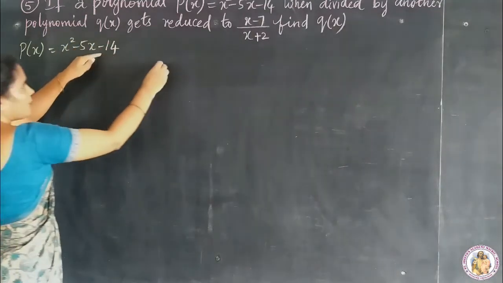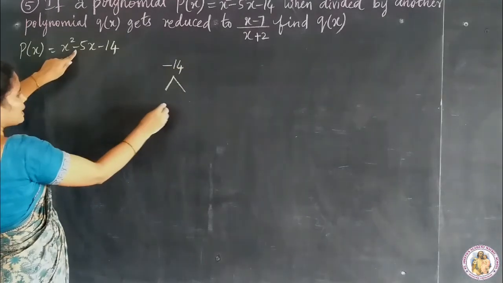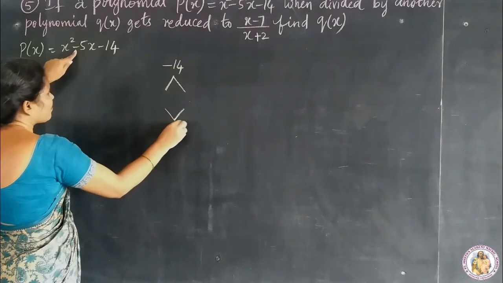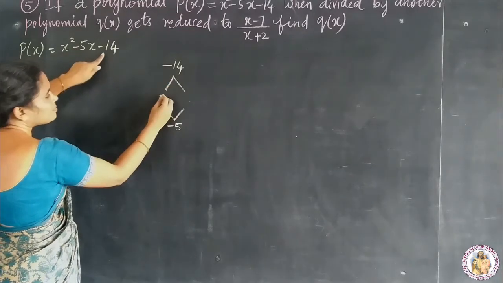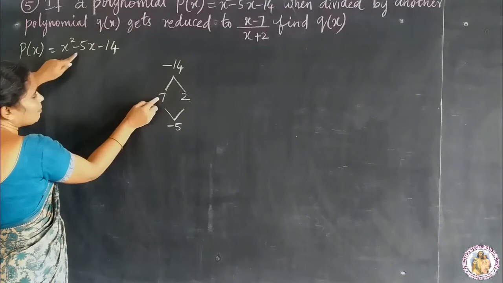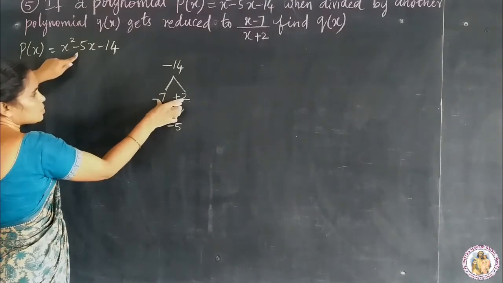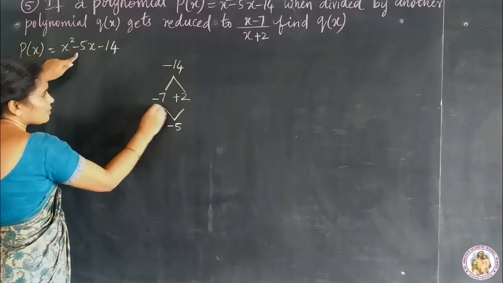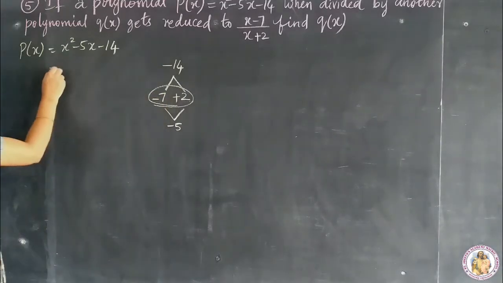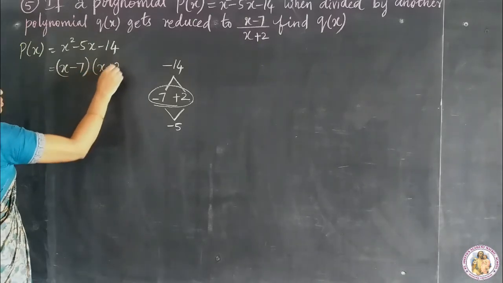So take minus 14, factorize first. So we must get minus 5. 7 2s are 14 and give minus to the greater number so that we will get minus 5. So 7 minus 2 is minus 5. We have factors as x minus 7 and x plus 2.